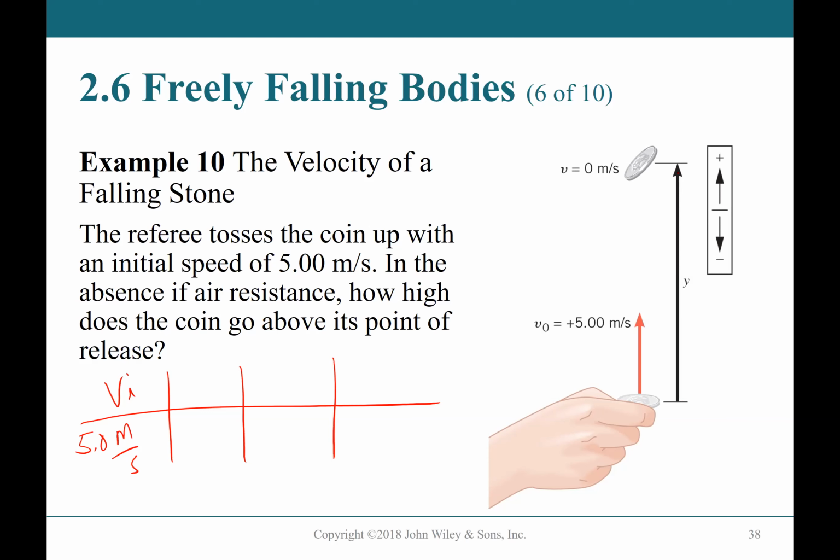So the maximum height that it can go tells me that once it gets here, the final speed has to be 0. Okay, now it appears that not enough is given, but we know that the problem is under the acceleration due to gravity. In other words, how did the speed go from 5 meters per second to 0? Something is slowing it down. And of course, the force of gravity is slowing it down. At what rate? At a rate of negative 9.8 meters per second squared.